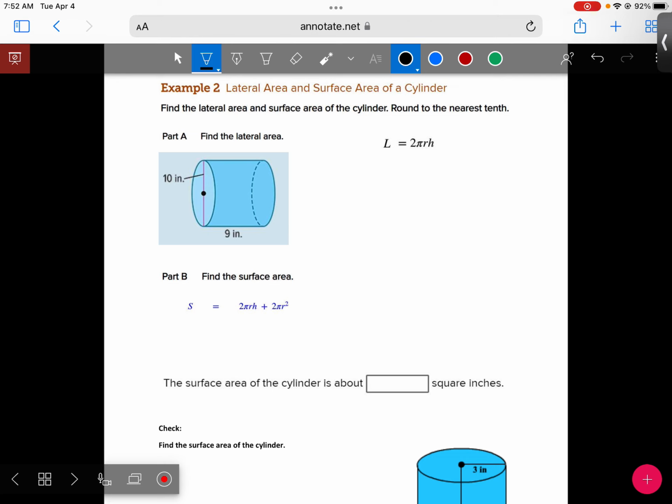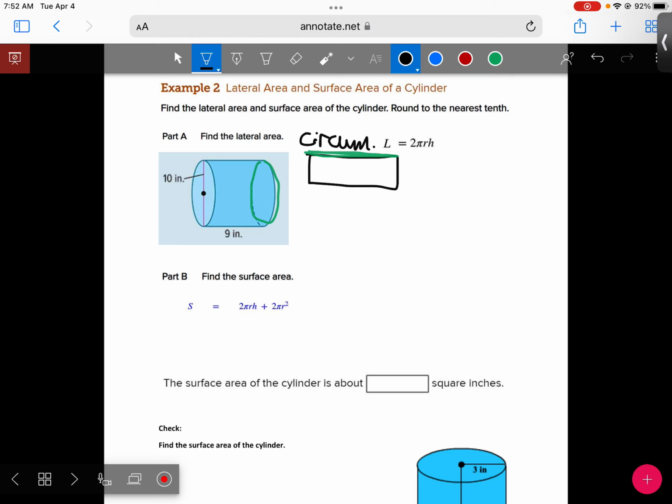Lateral area and surface area of a cylinder. Okay? A cylinder. So we just said lateral area, if I were to unroll the side, it would be like a label. And it's going to be in the shape of a rectangle. And the top of that rectangle that goes around the circle is the circumference.